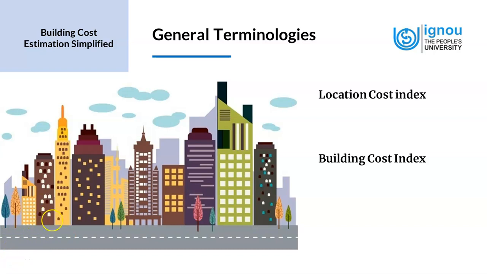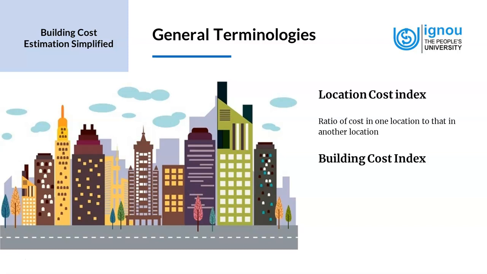We look at two other concepts: location cost index and building cost index. First of all, location cost index. It is a ratio of cost in one location to that in another location. This is important because the cost of construction can vary according to location.